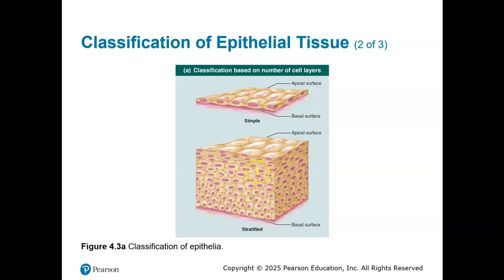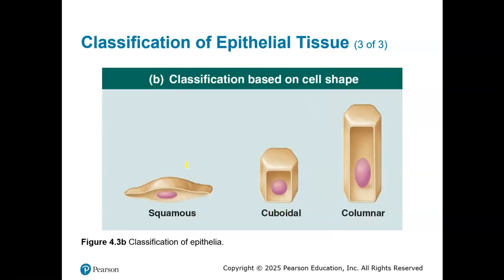But we do know that this bottom picture is showing layers, many layers of squamous cells, mostly squamous cells anyway. And so that is stratified squamous. So we have simple and stratified squamous. Here's a picture of the cell shape. Flat is squamous, box-like is cuboidal, and very tall is columnar.